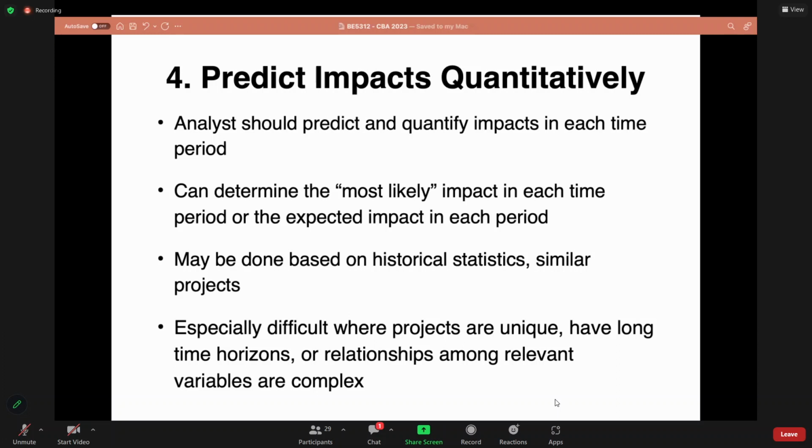If it's the first time ever that you're undertaking a tolled expressway project in a country, then you don't have any historical statistics or similar projects or things like that. So your predictions and forecasting would be more difficult.